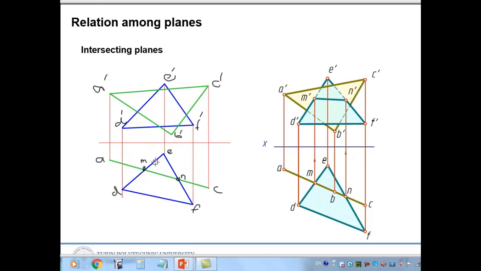M point lies between E and D. So E and D is here. Where is N? N is between E and F. Where is E and F? E dash and F dash. Blue one is in blue one. So we can create a line then.